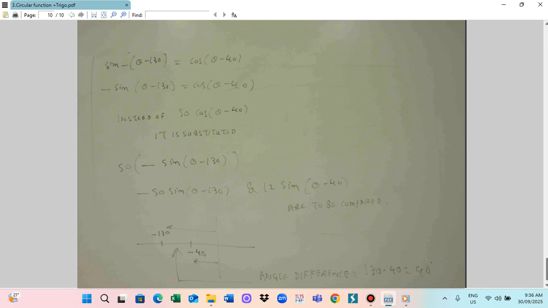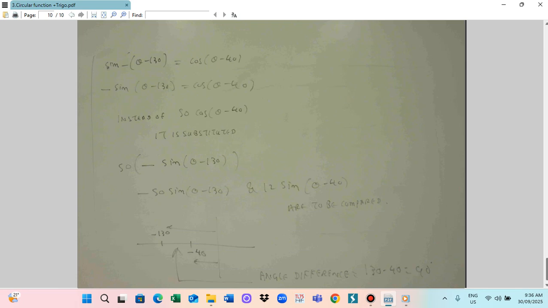This is minus sine theta minus 130, and the whole thing multiplied with 50. So this is minus 50 sine theta minus 130.